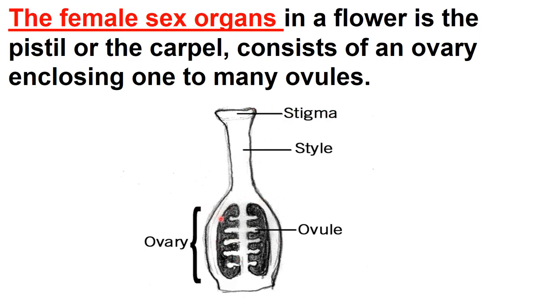The ovary, part of the carpel, has ovules, and the number of ovules can vary. One ovule can be present inside the ovary, or the number can be many. Here you can see many ovules present inside an ovary.